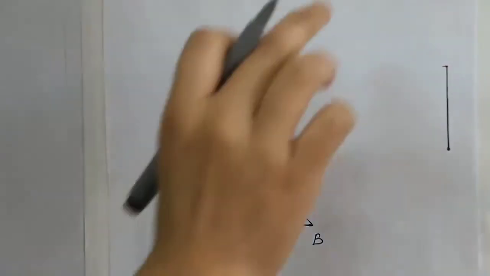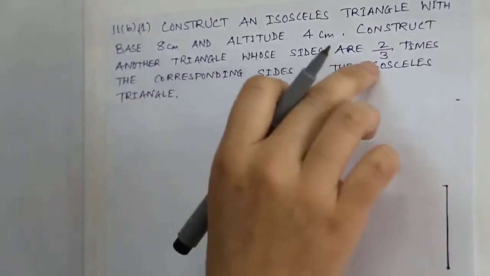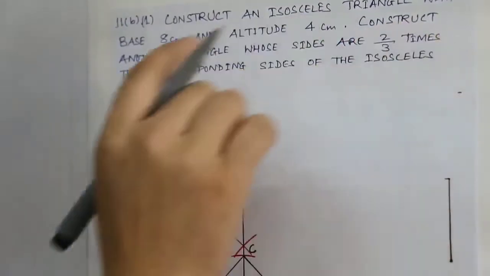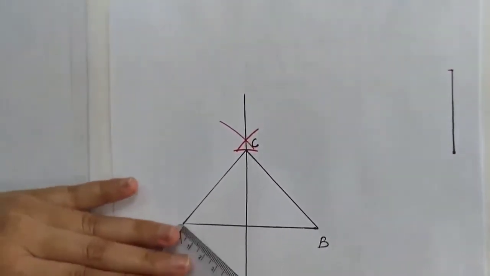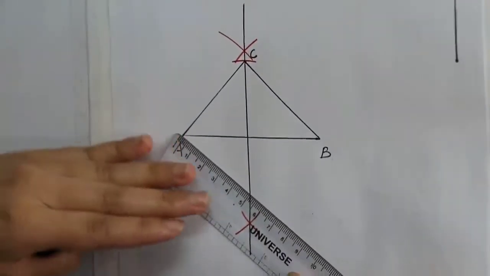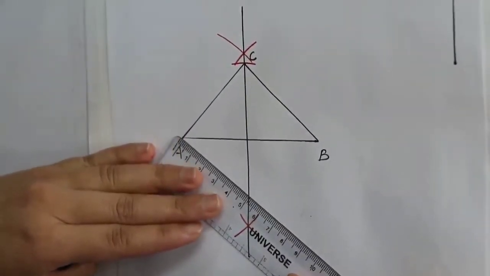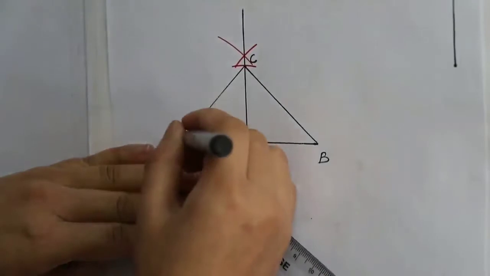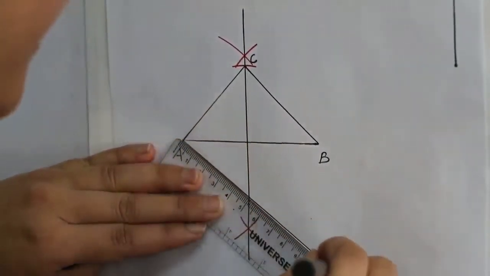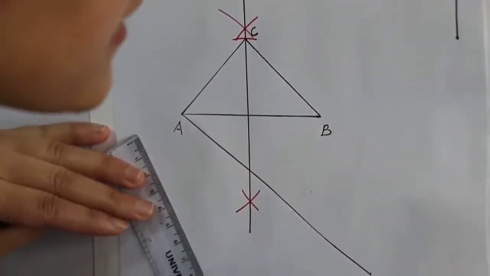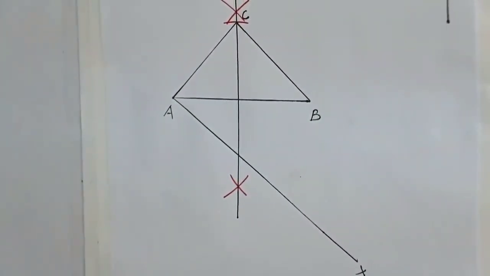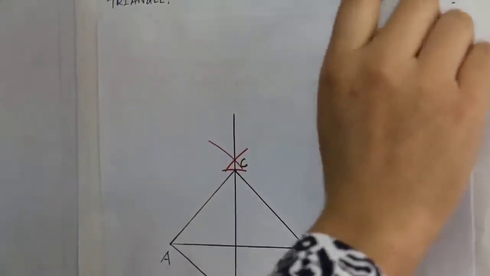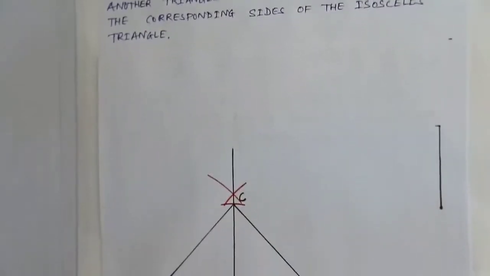Next we have to construct the other triangle whose sides are 2/3 of this first triangle. You take any ray from point A which makes an acute angle with AB. Just call this ray AX. Since the triangle is 2/3 of this, you locate 3 points.